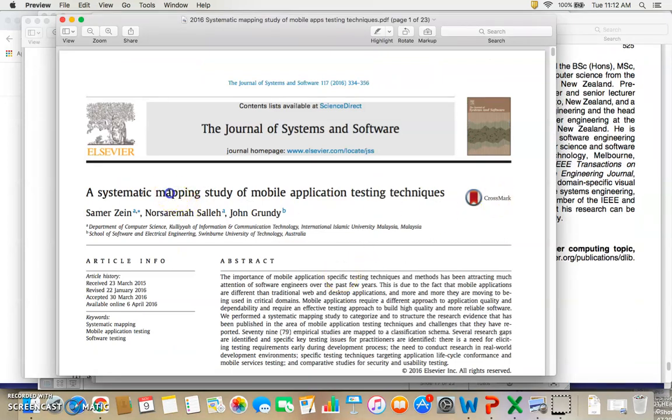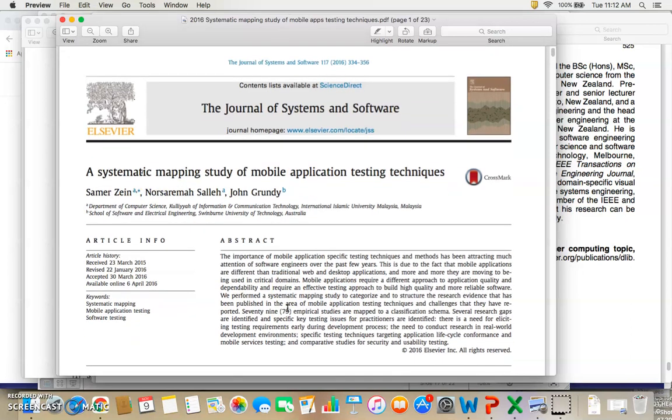This is a mapping study done by my student. My student Samir, who is Palestinian, conducted a mapping study of mobile application testing techniques. I suggested he conduct a mapping study because he wanted to do a general review on quite a general topic.